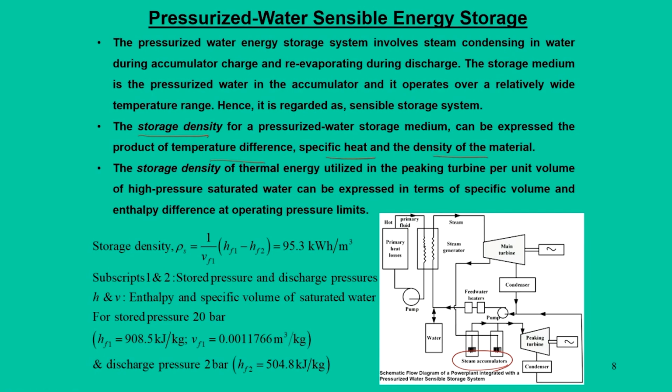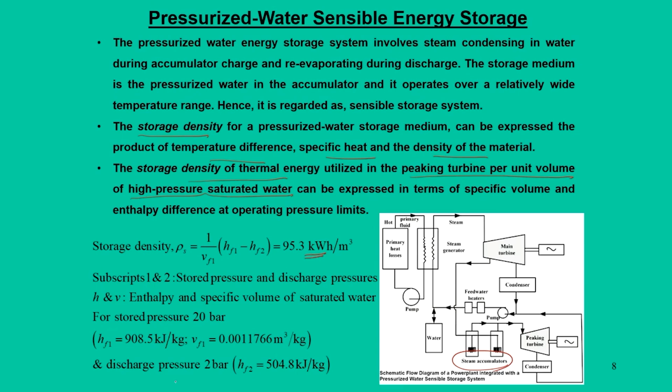Another parameter is the storage density that is utilized, and another way of quantifying this is the storage thermal density utilized in the peaking turbine per unit volume of high pressure saturated water, which means if you look at this expression, we are trying to express the storage density as a function of the power generating factor.